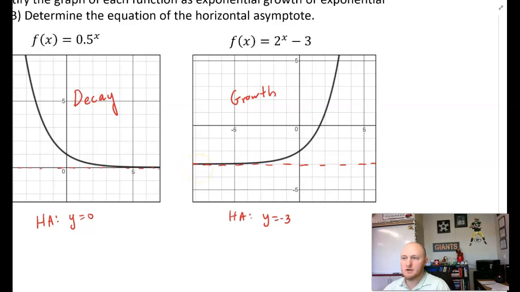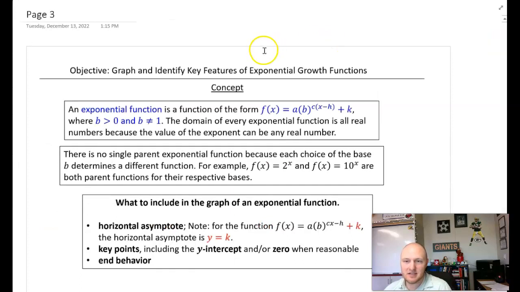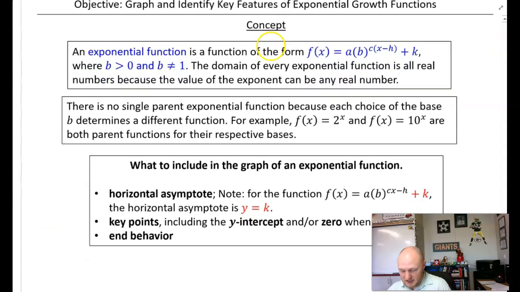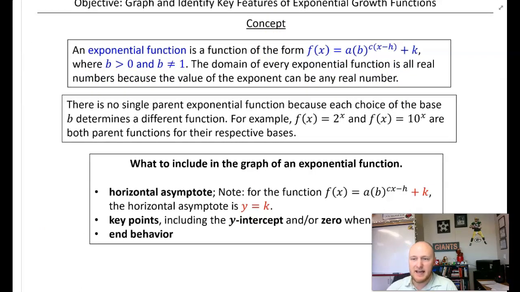Okay, so let's go ahead and look at some exponential functions and define them. An exponential is a function of the form f of x equals a times b to the power of c times x minus h, plus k, where b is greater than 0 and b is not equal to 1.